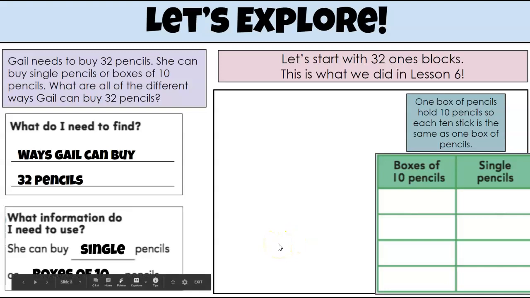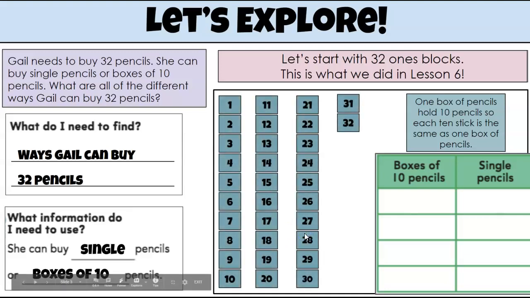We know that she can buy single pencils or she can buy boxes of 10 pencils. One box of pencils holds 10 pencils. So one box has 10 pencils in it, which kind of looks like our place value block that has 10 ones in it.